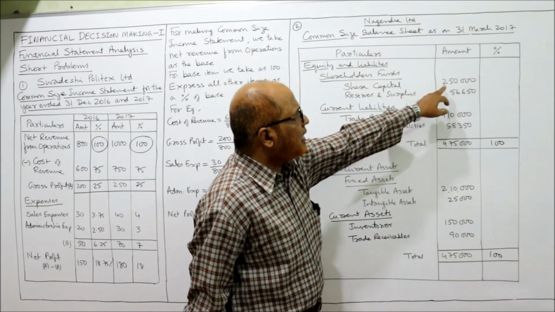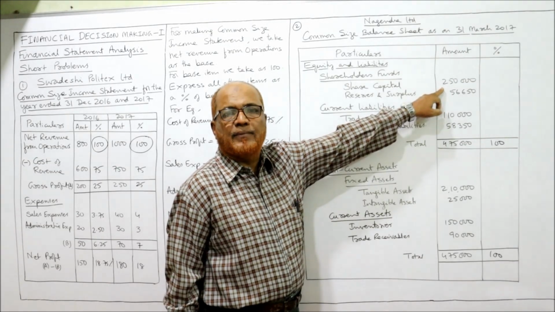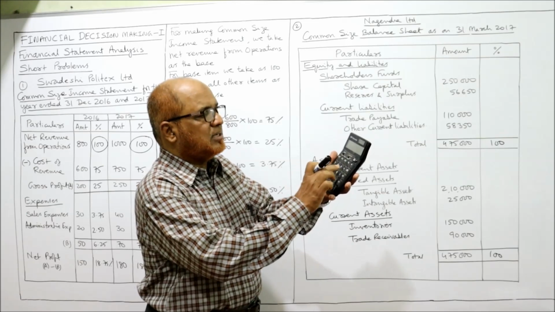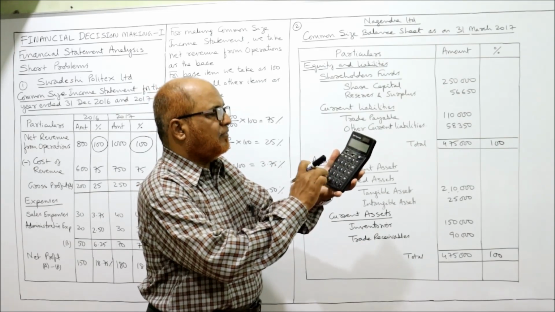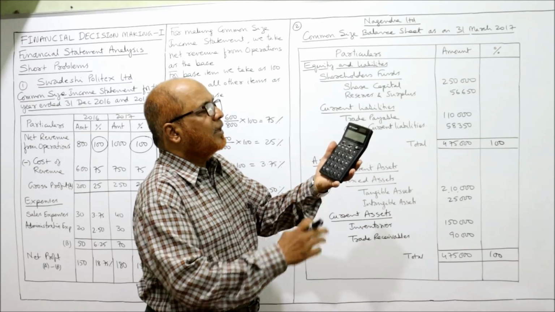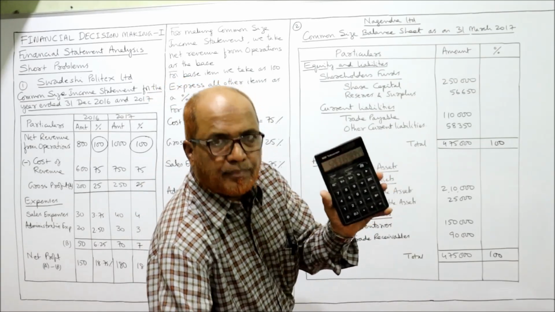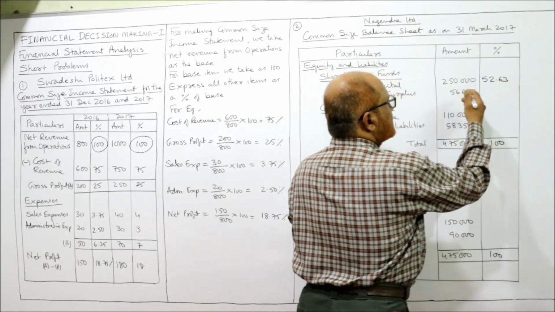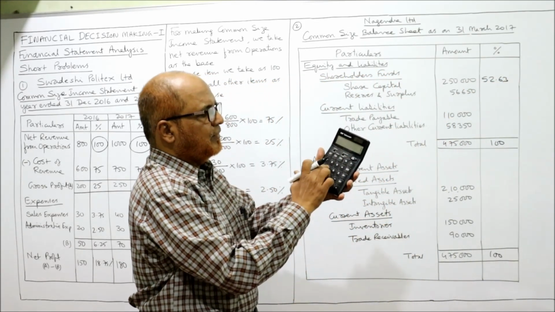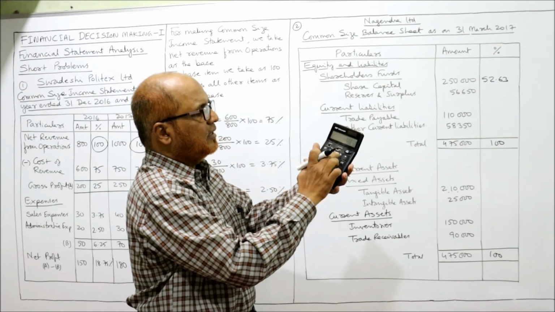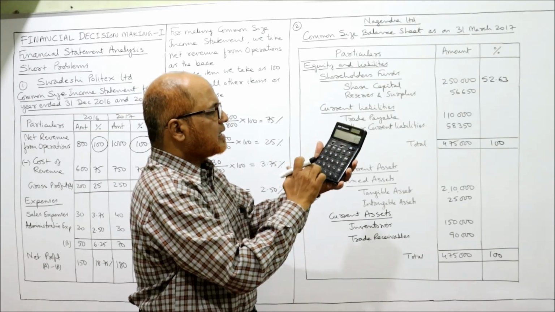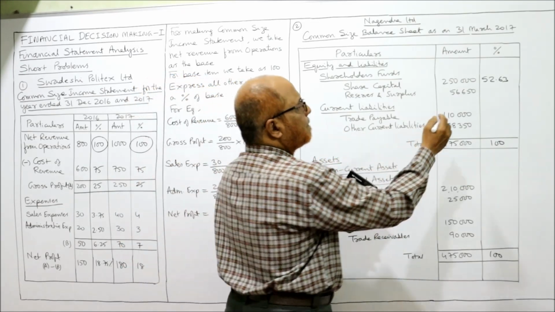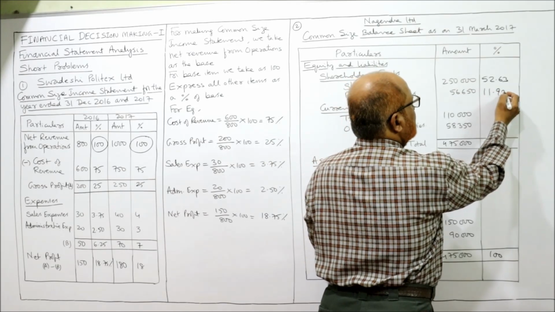Now what is the value here? 2,50,000 in the numerator, denominator 4,75,000. So 2,50,000 divided by 4,75,000 into 100, you will get 52.63. Similarly, 56,650 divided by 4,75,000 into 100, you will get 11.93.